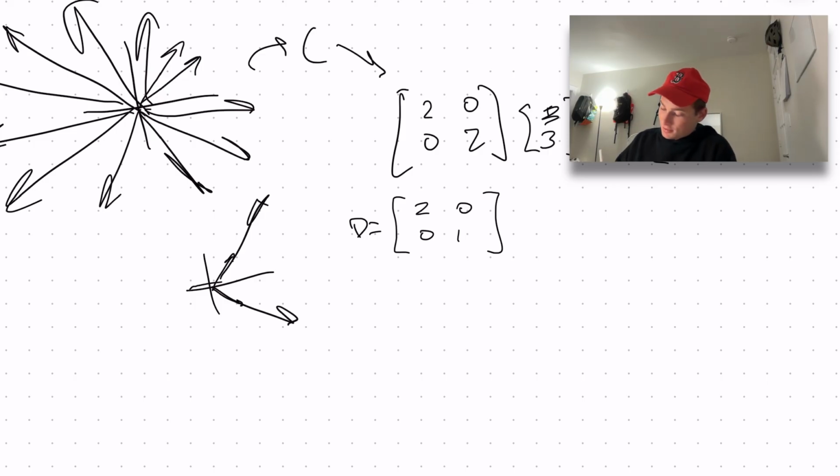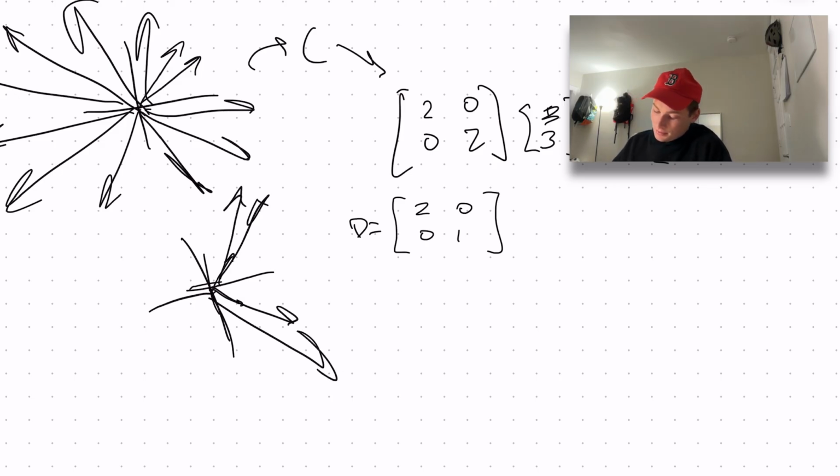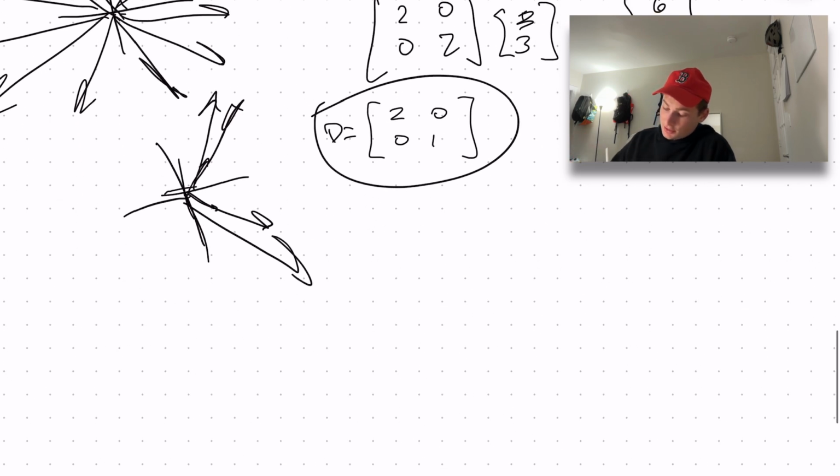Most vectors will grow or they'll change the angle or something. They'll change in some way when you D them. But there are some vectors for this matrix specifically that do not change, in the sense that they don't change their angle.